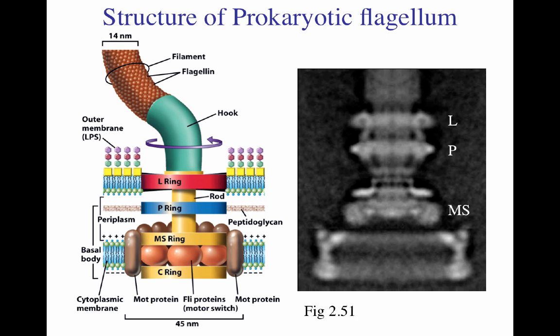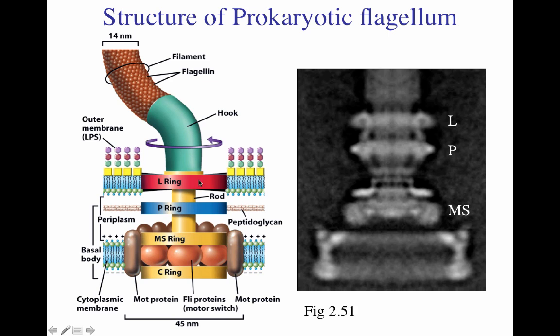So the flagellum could turn counterclockwise, or when the Fli proteins are engaged, it will then change the rotation to clockwise. So the combination of the P ring and the MS and C ring is called the basal body.